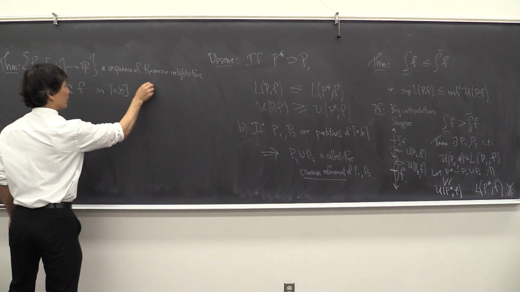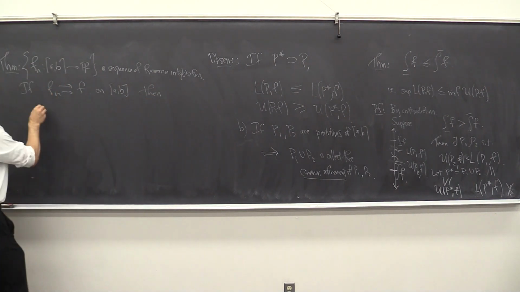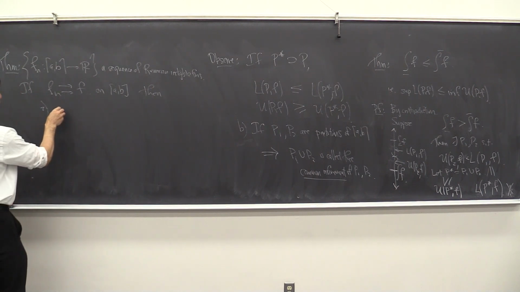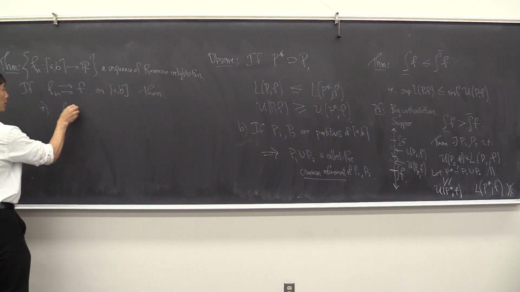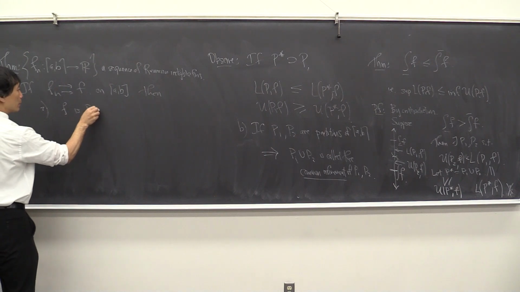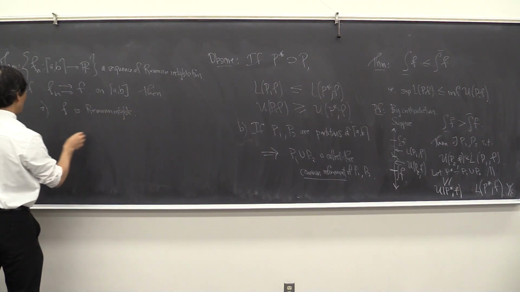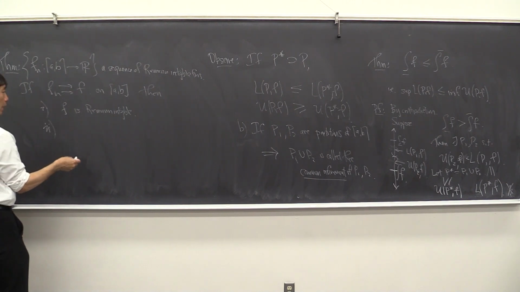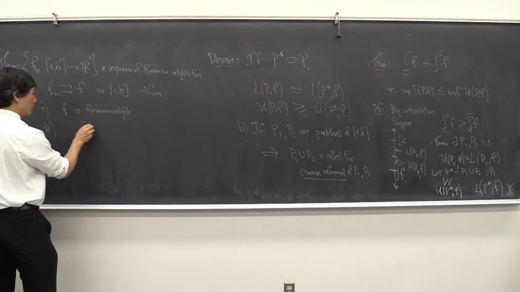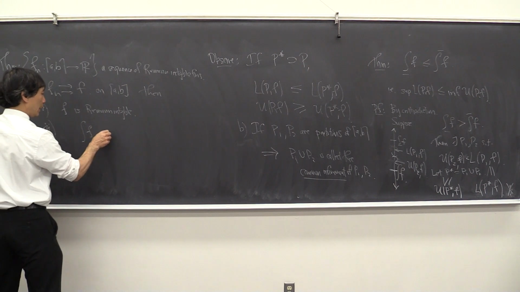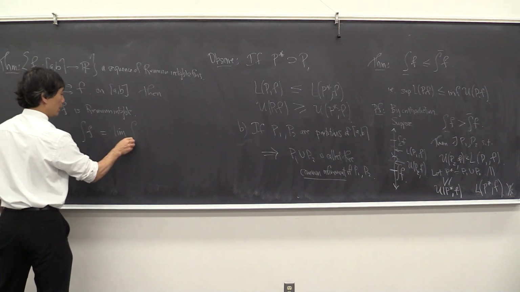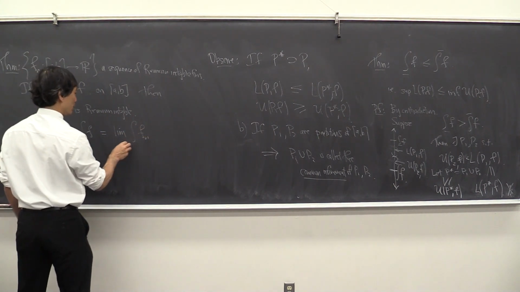In that case, one, the f that they converge to is Riemann integrable. And two, the Riemann integral of f is the limit of the Riemann integrals of f sub n.